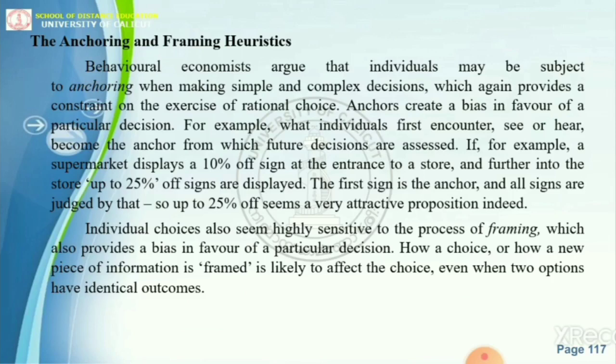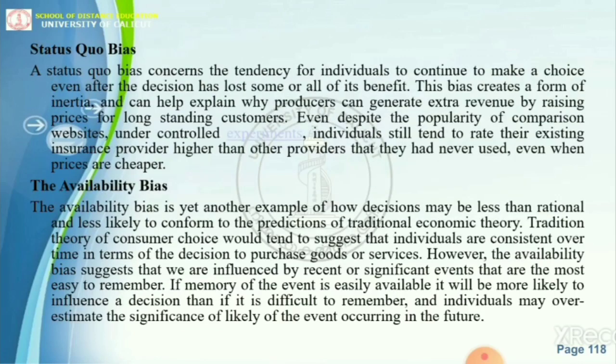You can see just one example here. Individual choices also seem highly sensitive to the process of framing, which also provides a bias in favor of a particular decision. How a choice or a new piece of information is framed is likely to affect the choice even when two options have identical outcomes.